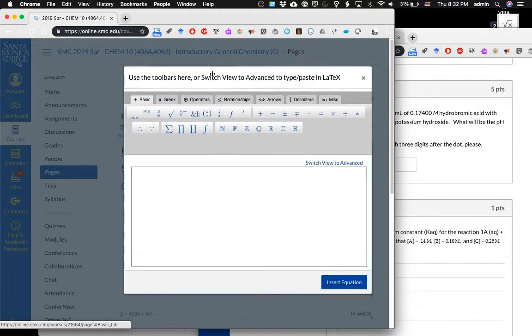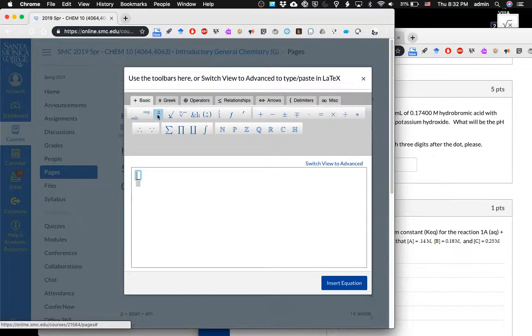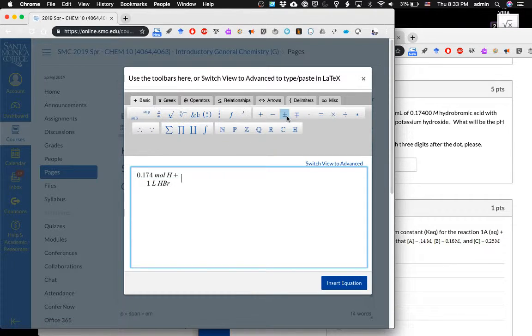510 milliliters, 0.174 molar. So we want moles, so it's 0.174 moles in 1 liter of HBr. This is moles of H plus or HBr, whatever you prefer, because there's only one H here. The H plus concentration is the same as the HBr concentration.